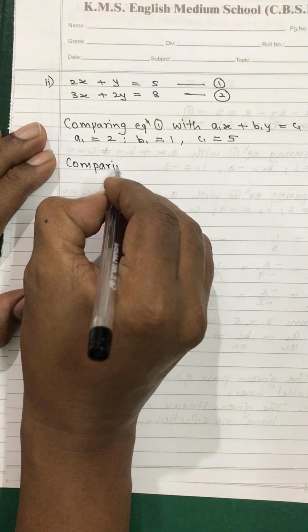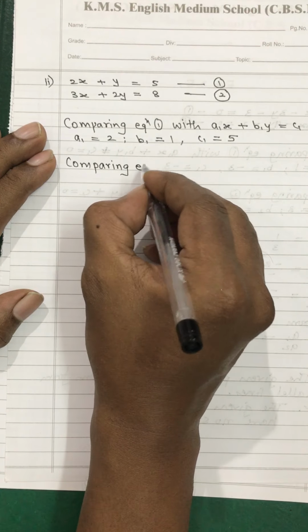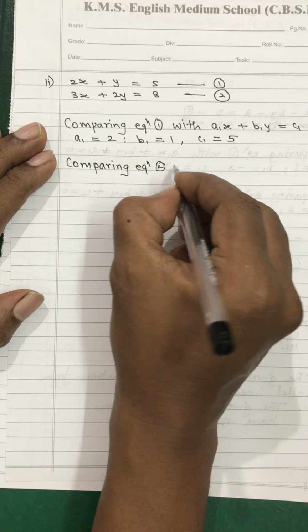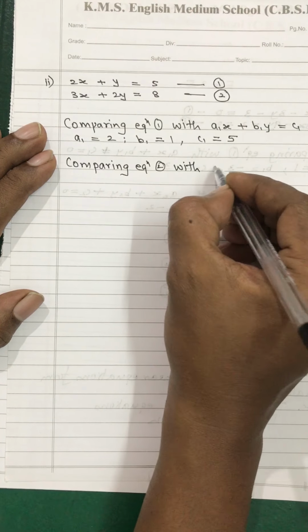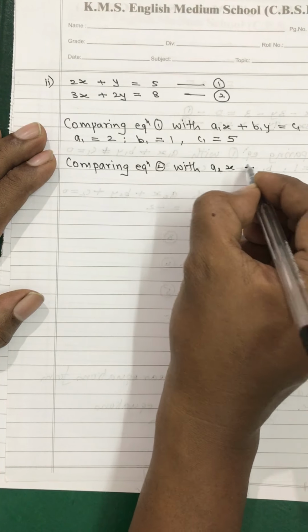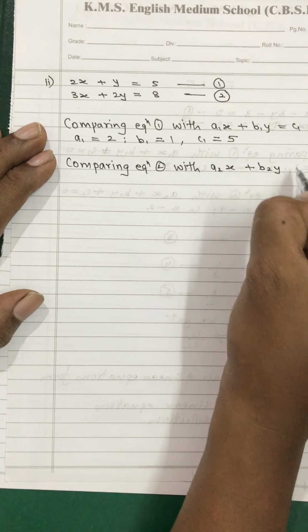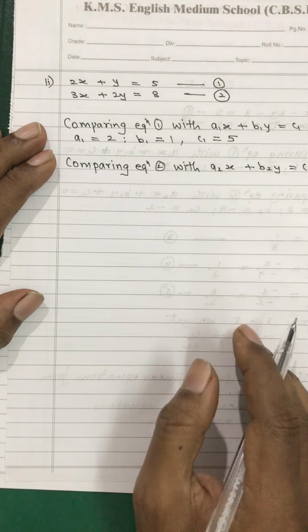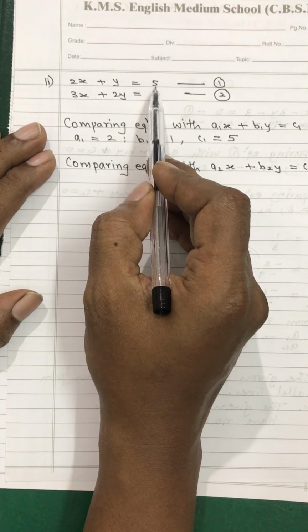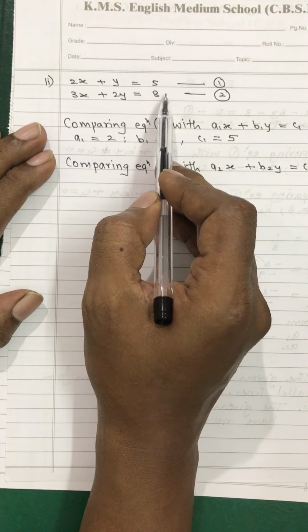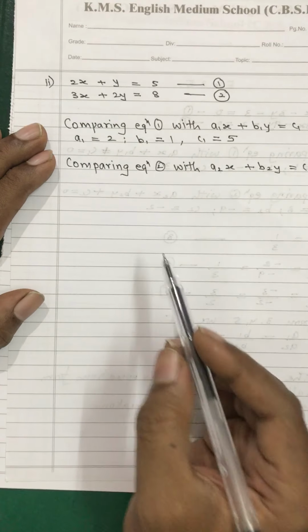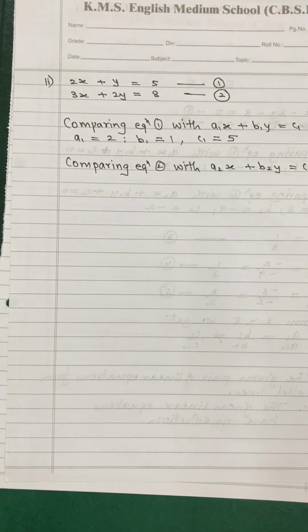Comparing equation 2 with a2x plus b2y is equal to c2. I hope you all are getting what I'm telling. Here we have c1 and c2 on the right hand side, whereas in the first question it was on the left hand side, with equal to 0 on the right hand side.